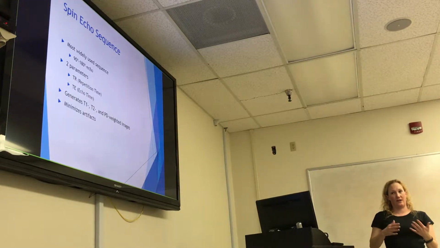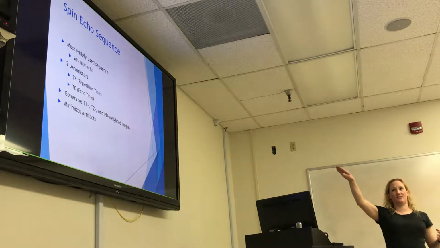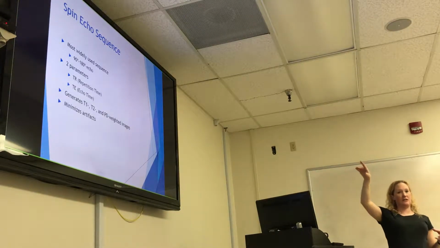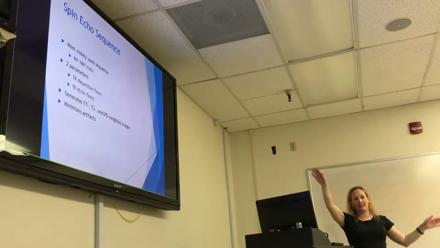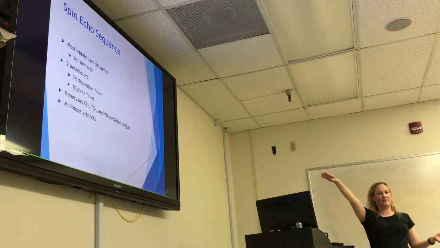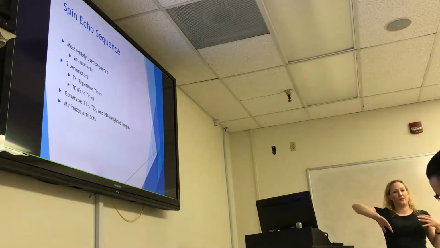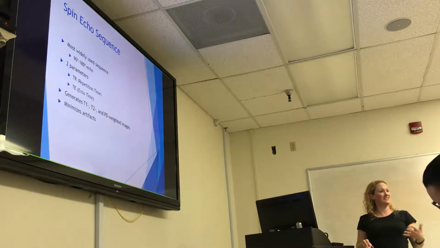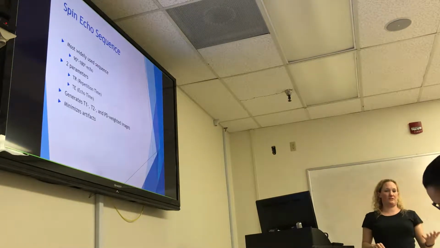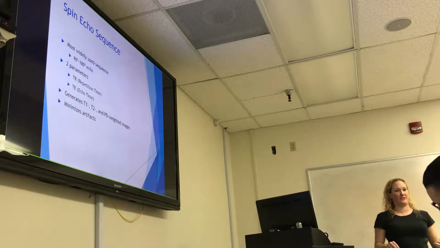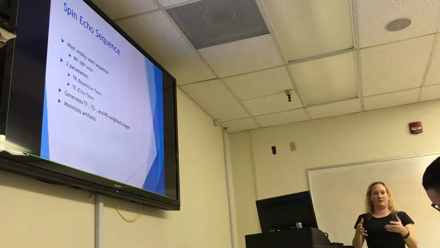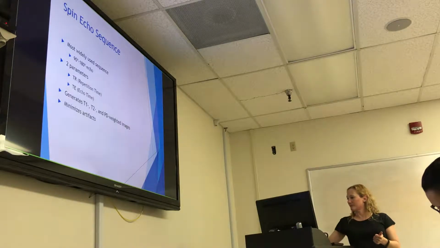But because of the way the gradient echo works, it actually does not have as robust a signal as your spin echo. This is going to be your gold standard. If you had all day to scan and there were no time constraints, this is the gold standard, okay? But for obvious reasons, time being the main one, we have to come up with methods of doing other types of sequences so that we can be time conscious.